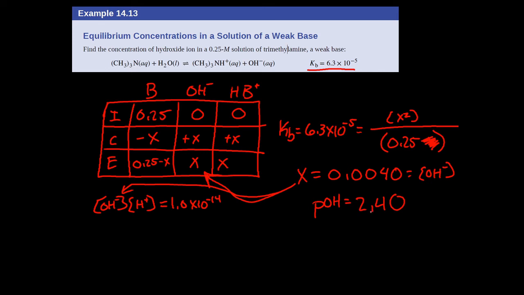So that is the pOH. And then the pH, if you remember, the pH plus the pOH is equal to 14. And so all I'm going to do is just take 14 minus 2.4, and I will get the pH is equal to 11.6.